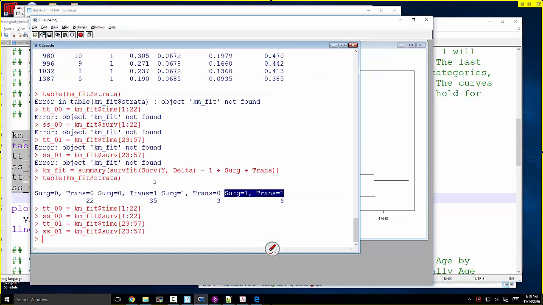Okay, so I'm only going to look at these top 2 categories because I don't think there's enough observations in the latter 2 to even make a picture. These first 2 categories, I can use them to assess proportional hazards with respect to transplant. The 22 have transplant 0, the 35 have transplant 1.